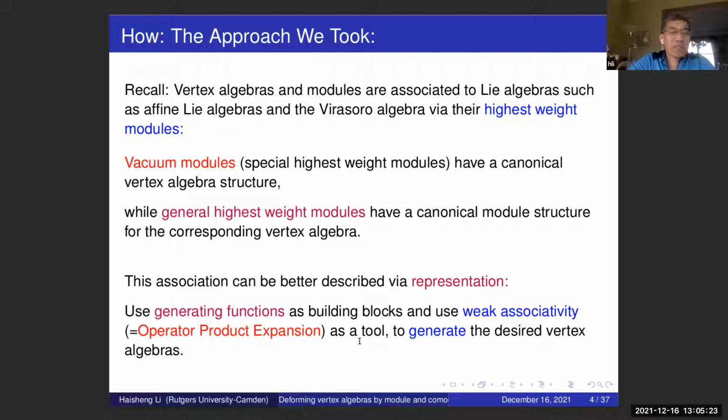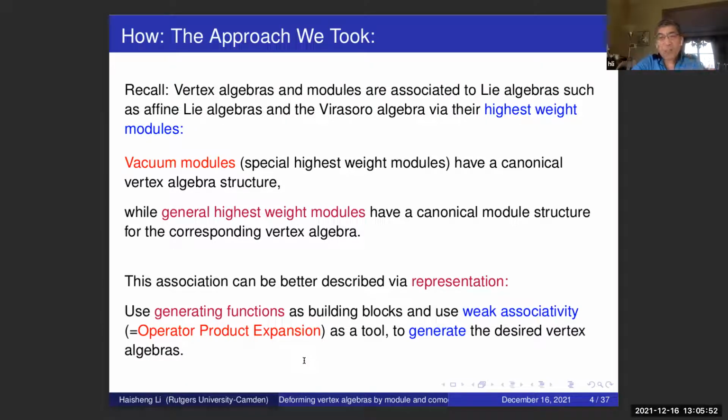Here I want to emphasize two things. One is to use generating functions as the main building blocks. On the other hand, we need certain tools to generate a vertex algebra and a vertex algebra-like structure. So that's the approach.